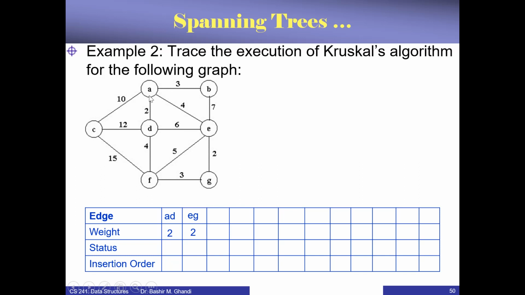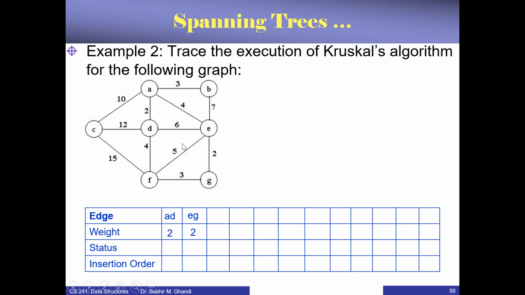So the first letter that appears first alphabetically should come first in the name of the edge. So we're going to call this edge AD, not DA. Similarly, this edge is called EG and not GE.